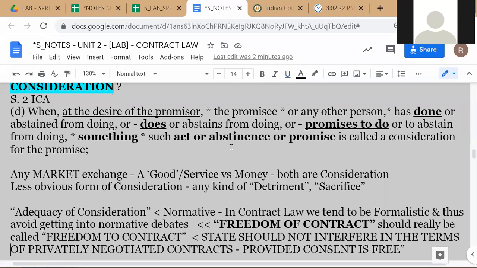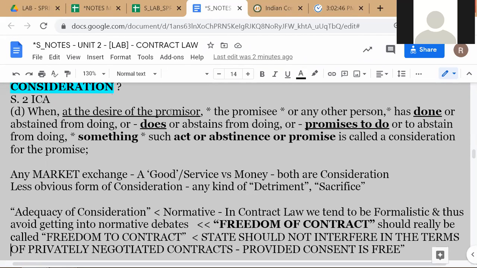What is that something? It is consideration for the promise. For which promise? For this guy's promise. So if this third party, stranger to the contract, has done something and provided consideration for his promise, then he is bound under the law of consideration to honor the agreement, okay, which is sealed in this manner.